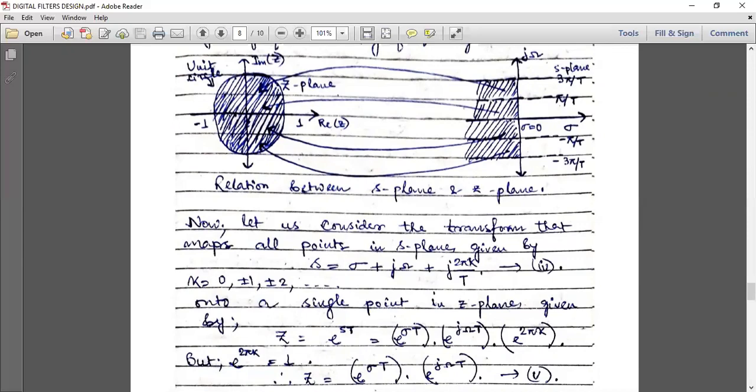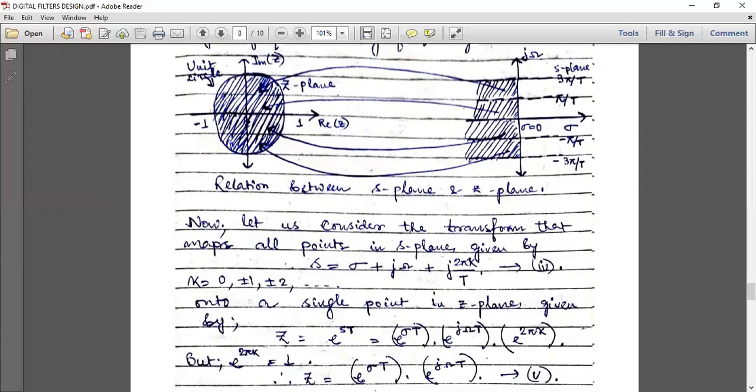In the Z plane, the circle that I have drawn is the unit circle. And I have correlated it with the S plane. Now again, don't follow the note. Now I'll be telling what is related to the note. I'll be giving an introduction of this diagram.